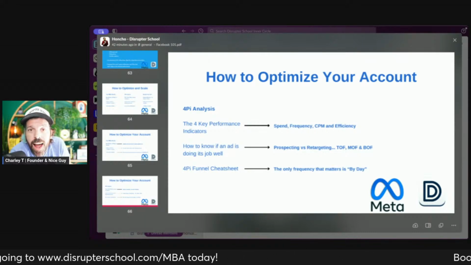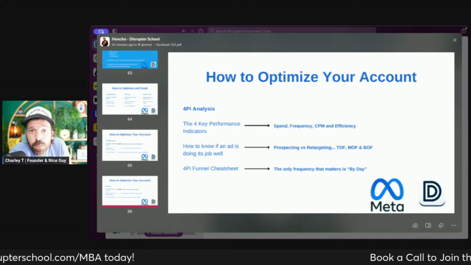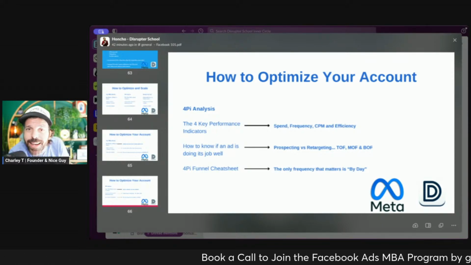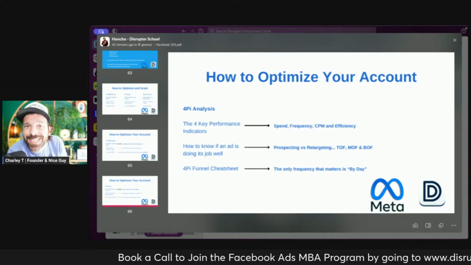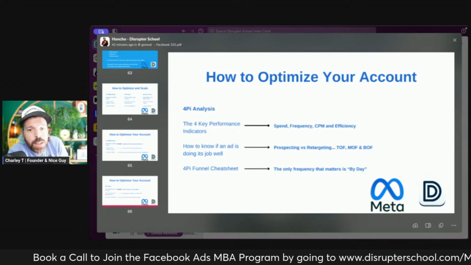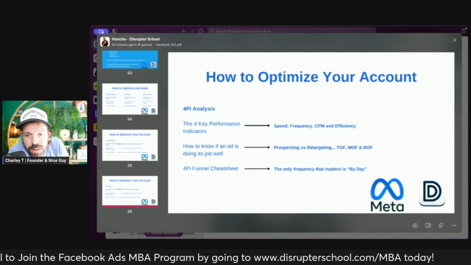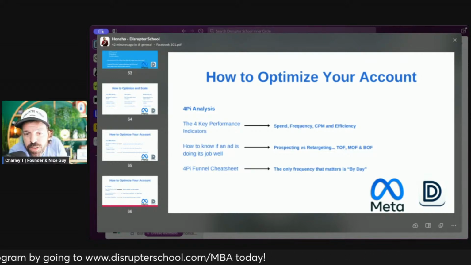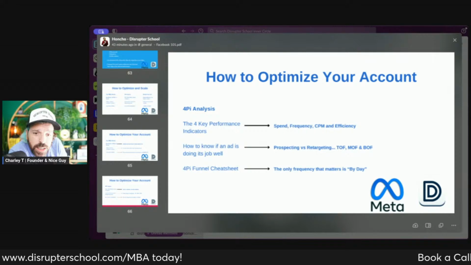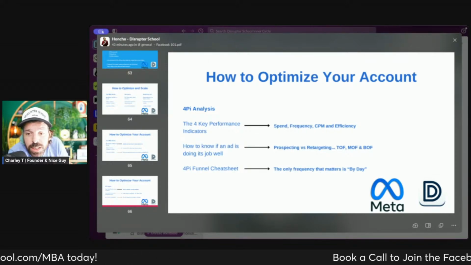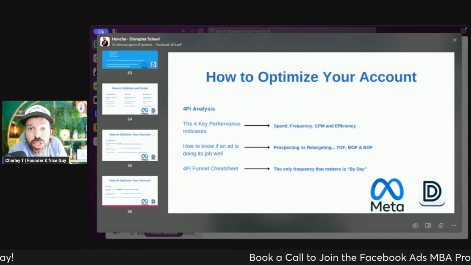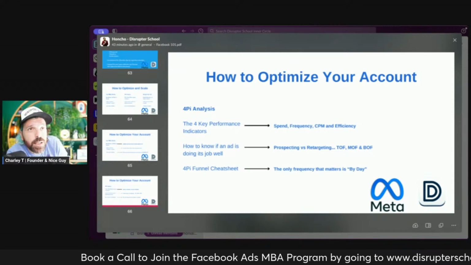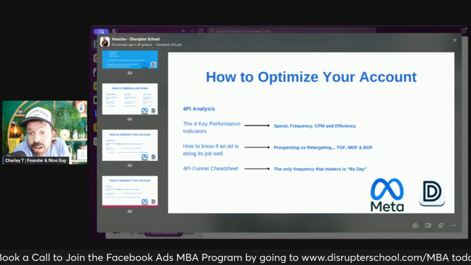If I've already seen a bunch of ads about your brand, I'm probably going to be more interested in seeing why I should care, right? These things make sense. So if you're doing your homework, then you're really going to be able to understand based on spend, frequency, CPM, and efficiency if your ad is doing its job well. For instance, if the frequency is low and the CPM is low, but the efficiency is bad, meaning the CPA is terrible, that means it's a prospecting ad that's probably not efficient enough.